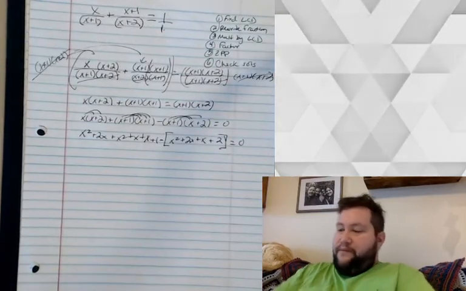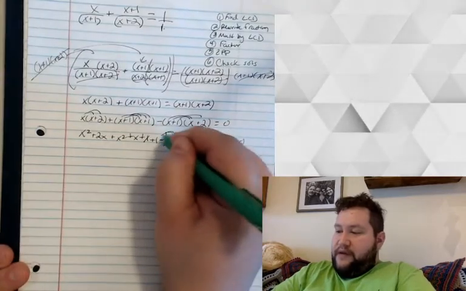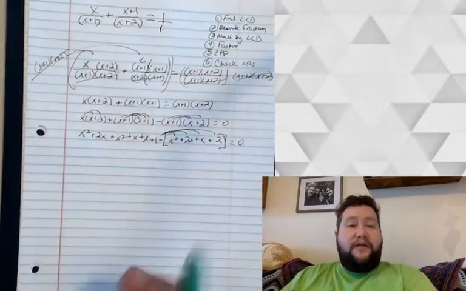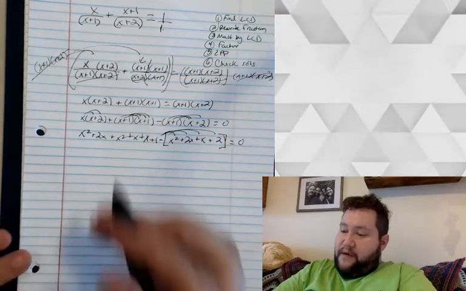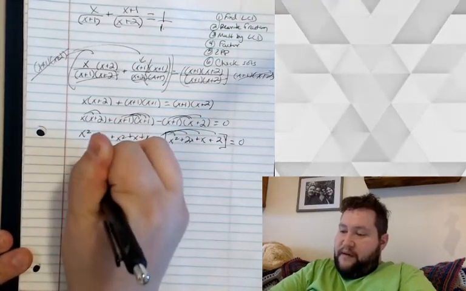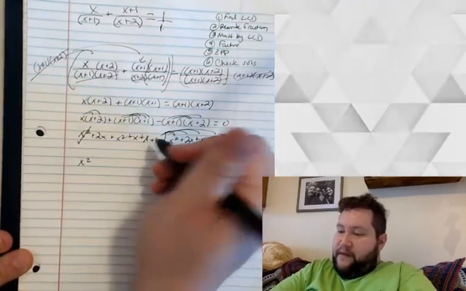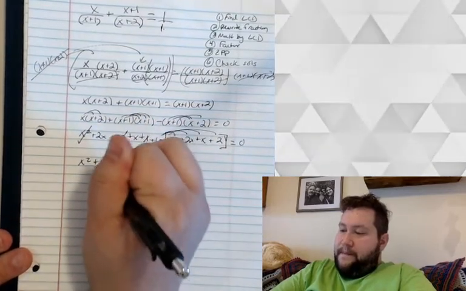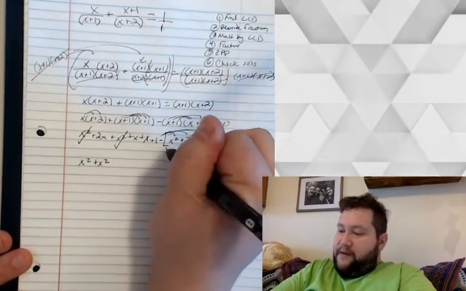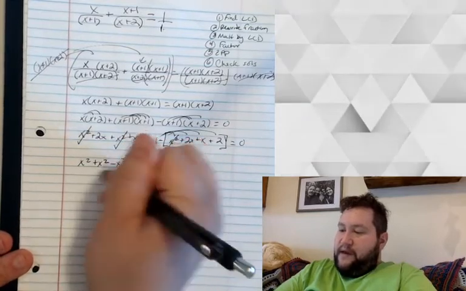And so that negative is going to need to get distributed to each of those. But I'm going to also gather up my x squared terms. So I have an x squared, so that one's taken care of. Then we have another x squared. Then we have a minus x squared. So those are taken care of.